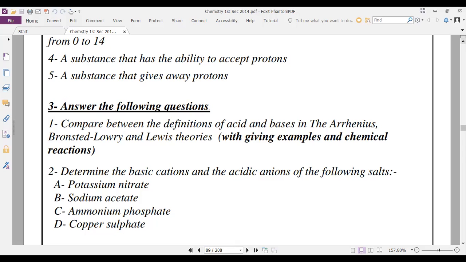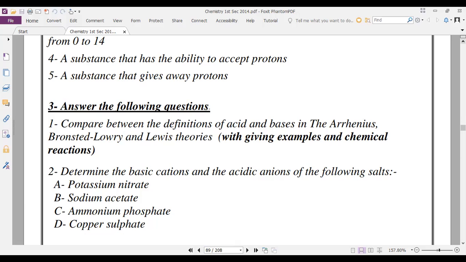Okay. What about its acidic anion? The acidic anion in it will be the phosphate, PO4. Okay, and the basic cation? It will be NH4, the ammonium.